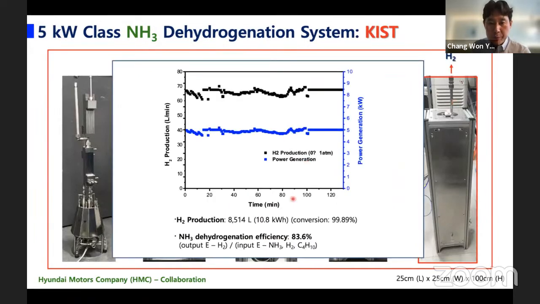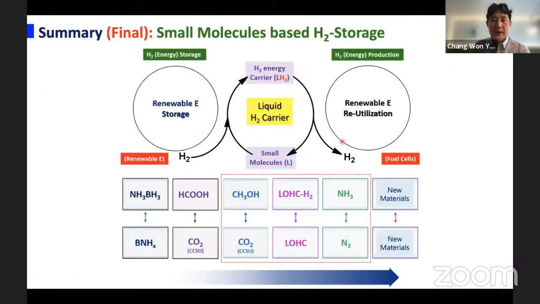We actually reported a world first for this ammonia dehydrogenation system efficiency, which is about 84%, and it continuously produces hydrogen, which was then connected to a fuel cell to give 5 kilowatts of power.